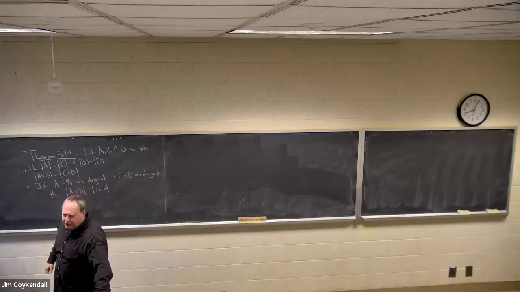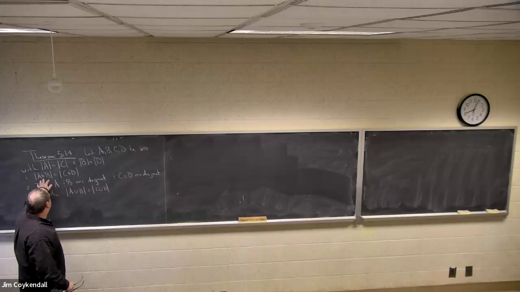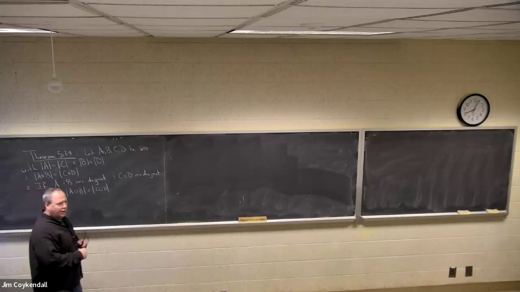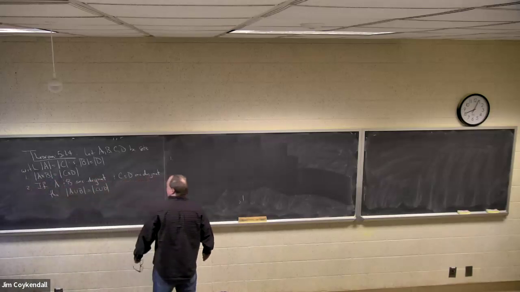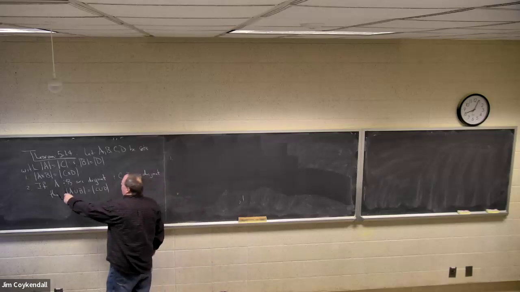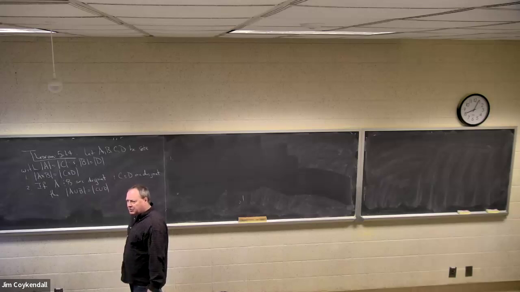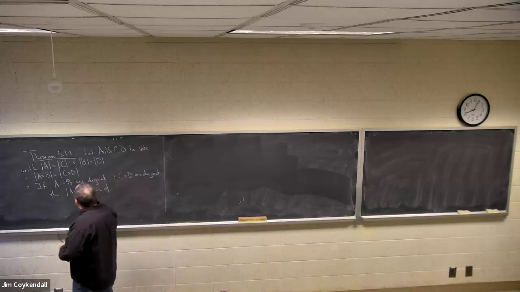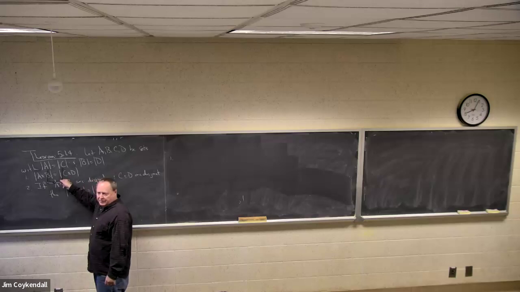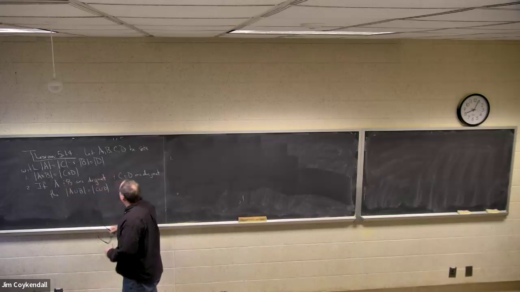Number one, I need to show that these two are the same size. So I need to find a bijection from A cross B to C cross D, right? First, let me tell you the tools that I have. What tools do I have? I know that these two animals are the same size, and so are these.